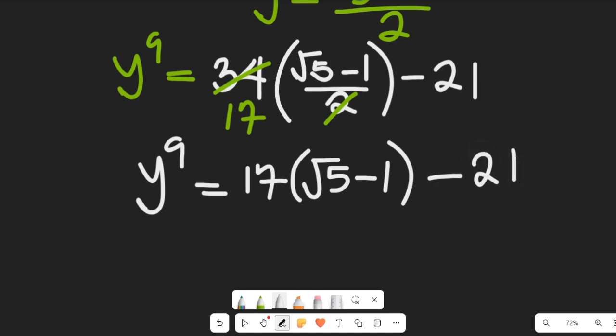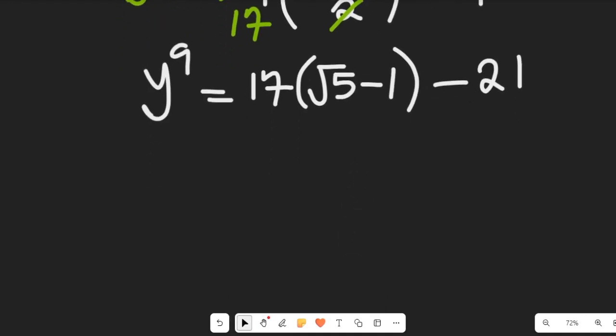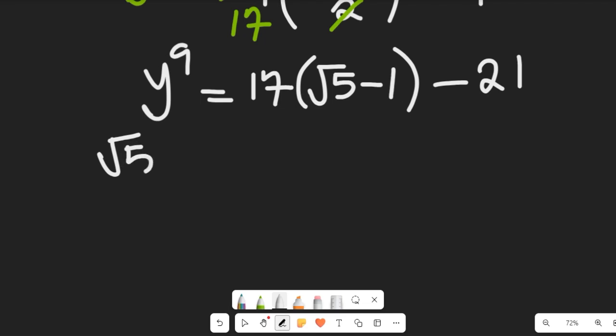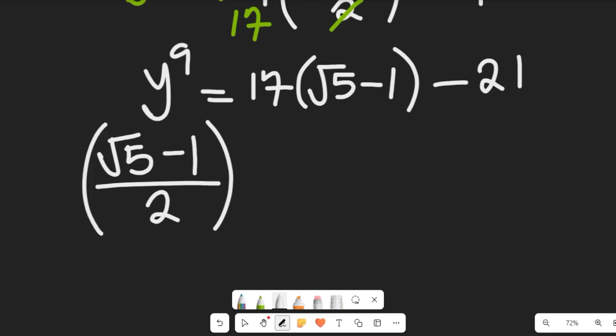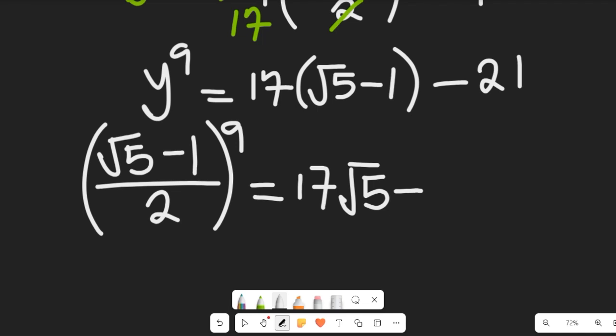So we can simplify this to get the value. Remember, the value of y still remains the square root of 5 minus 1, divided by 2, all to the power of 9, and that will be equal to, if we simplify this, 17 multiplied by the square root of 5 minus 17, and this will be minus 21.